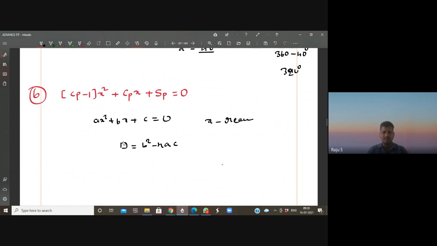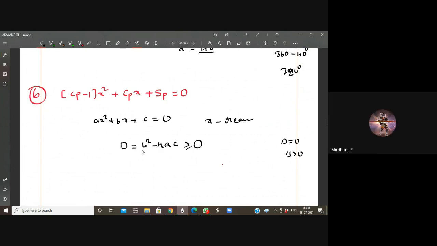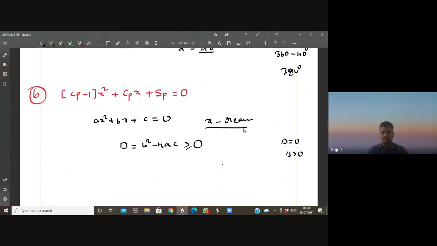Take it as capital D or else you can take it as lambda, no problem. B square minus 4ac is always greater than or equal to 0. Either the discriminant may be equal to 0, or the discriminant may be greater than 0. That is for real roots. Here also the same. So you have to take b square minus 4ac greater than or equal to 0. What is the a value? A value is cos p minus 1, b value is cos p, c value is sin p.